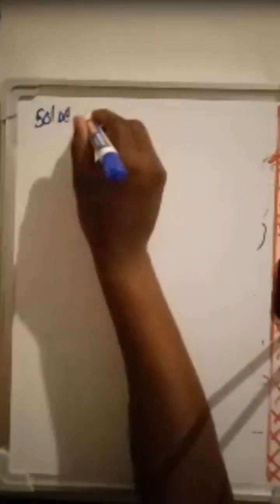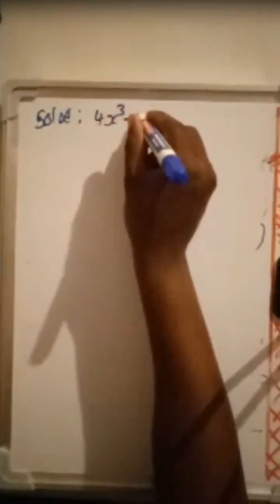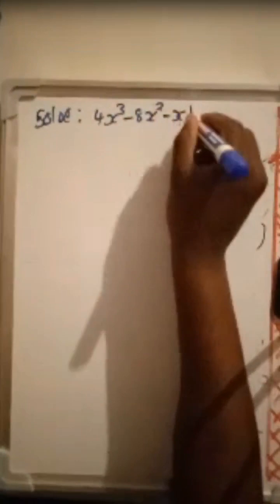It says solve 4x cubed minus 8x squared minus x plus 2 is equal to 0.